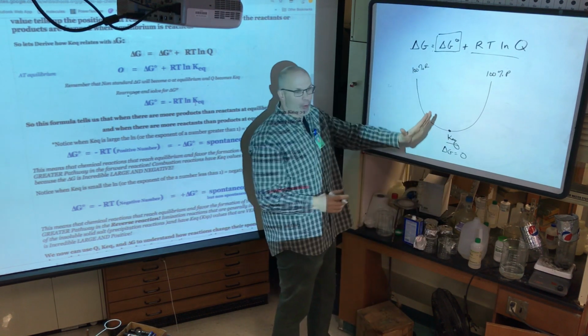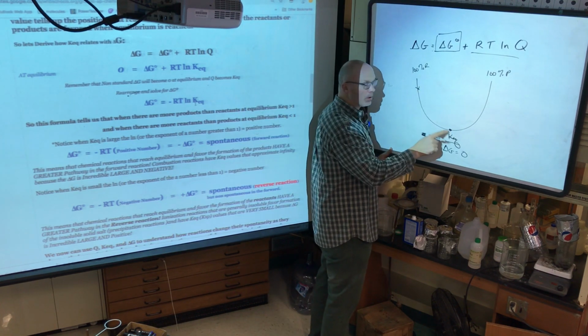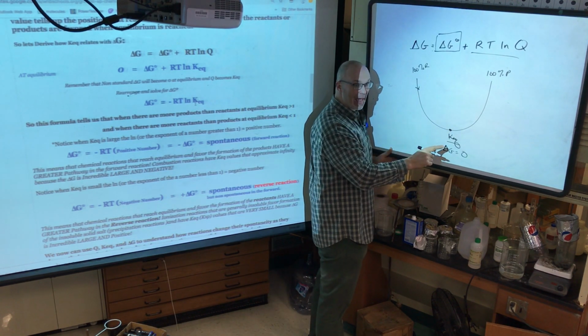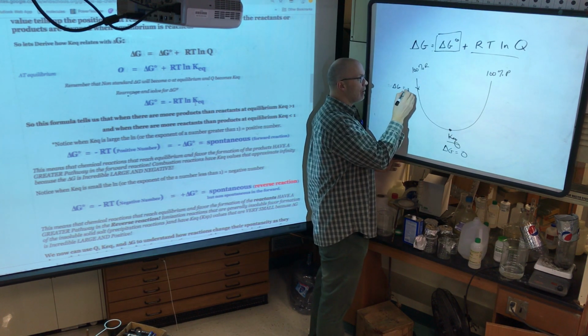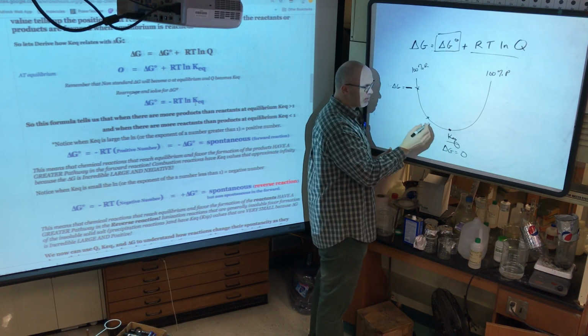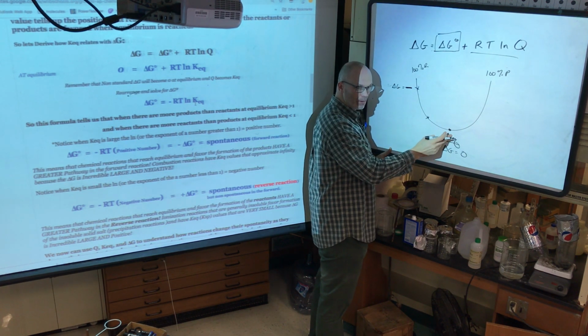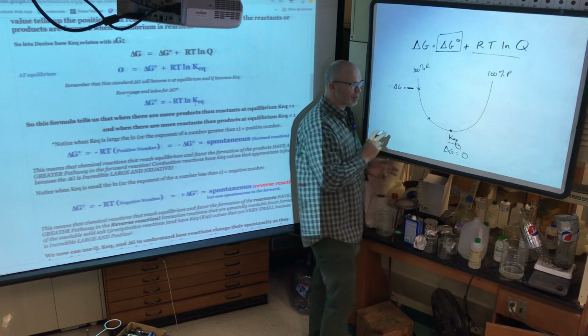If you got a lot more reactants than products, hey, you're farther away from equilibrium, you're more spontaneous. Hey, you have a delta G, non-standard, more negative at this position than this position. Because this position you're close to being what? 0. Okay? So we've talked about this, now we're going to put numbers there.